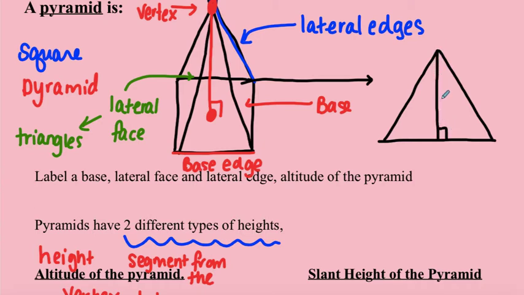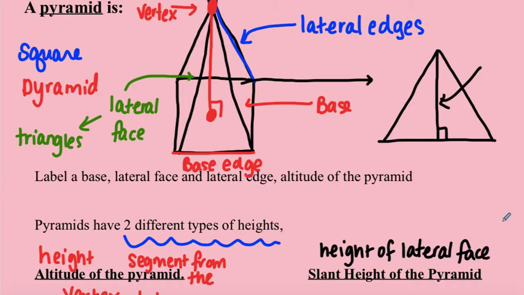So the slant height is the height of a lateral face. We're going to need that. We use the variable S to indicate it. So let me draw it in green. It would be going right down the side like that. Okay? And that is called the slant height.